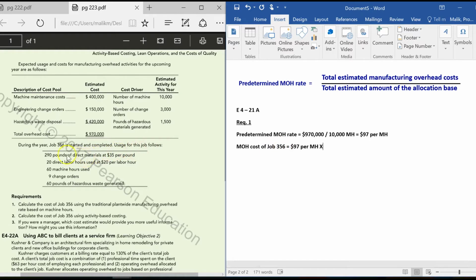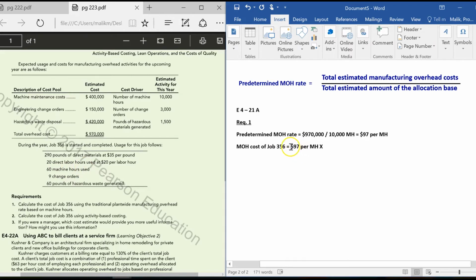So if we look back here, the actual information table for job 356, we will find that they actually spent 60 machine hours for this job.